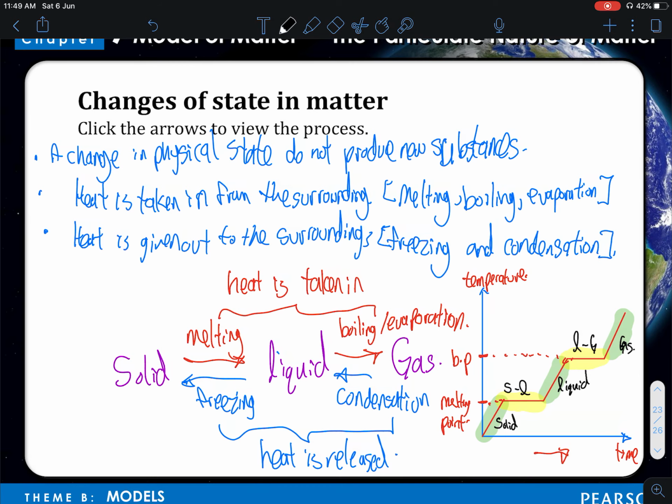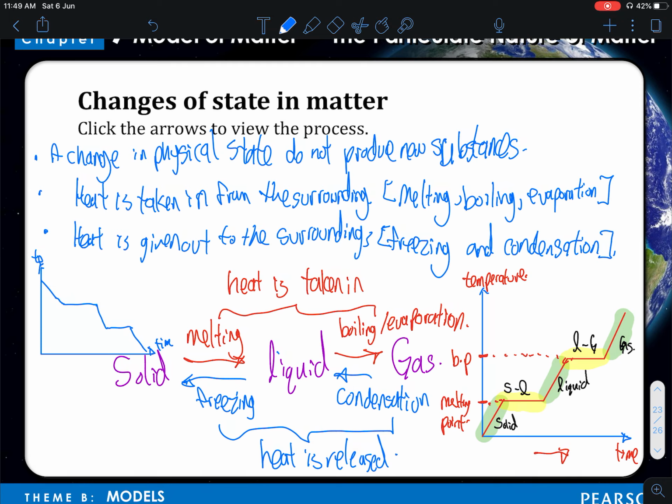Okay, then of course, if you want the other spectrum, which is a cooling curve, it will be something like this. Same thing, you have time.